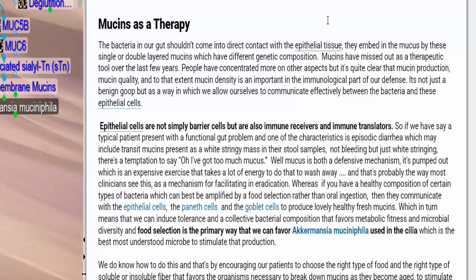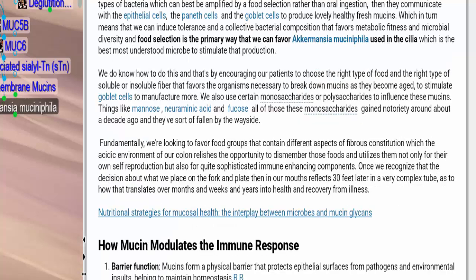That means no food allergies, for example, and a collective bacterial composition that favors metabolic fitness and microbial diversity. And food selection is the primary way we can favor Akkermansia muciniphila. Now we'll get into that one in just a minute. That's the best, most understood microbe to stimulate mucin production. We know how to do this.